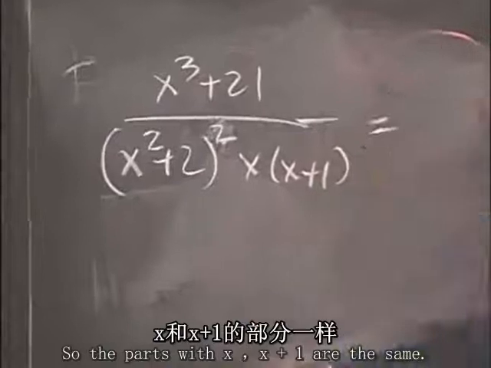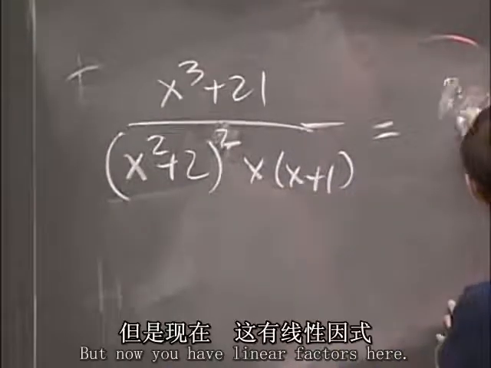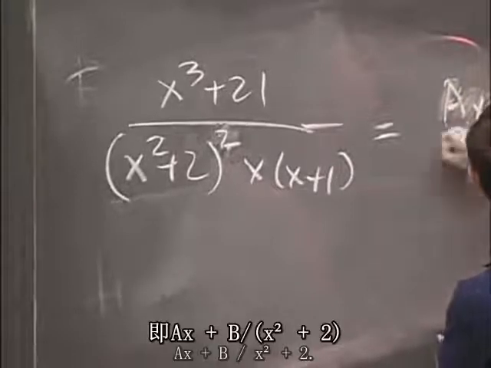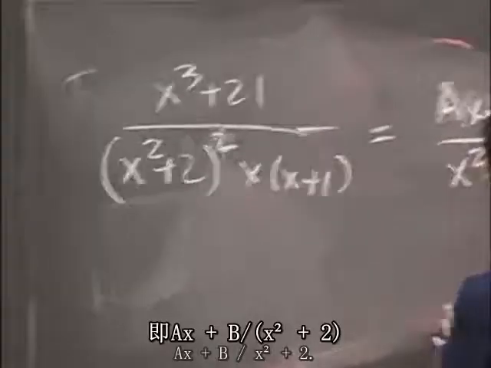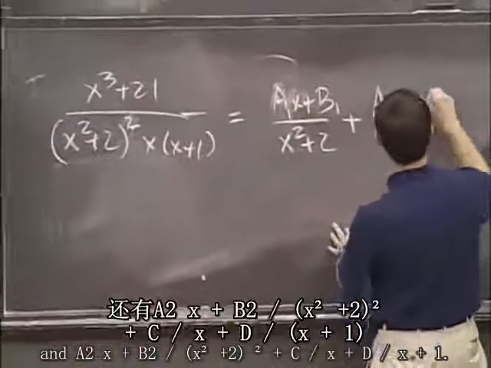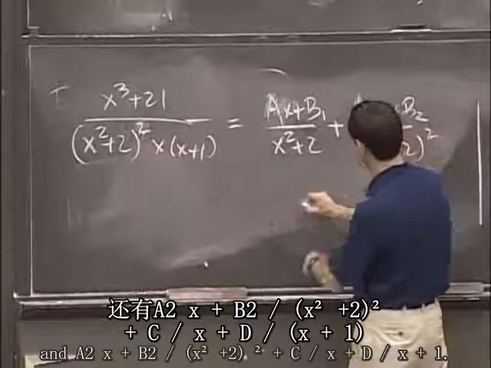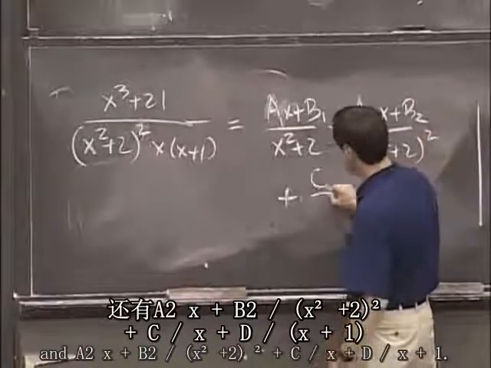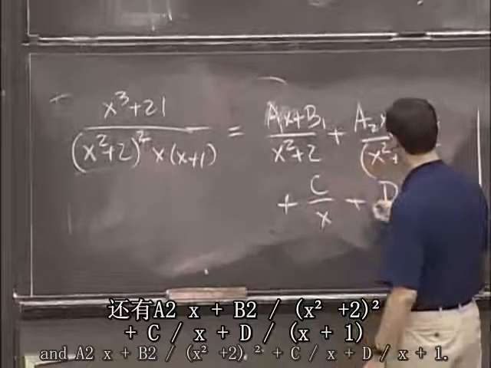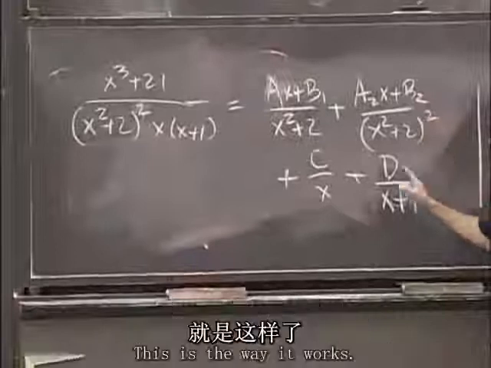So the parts with x and x plus 1 are the same, but now you have linear factors here. a1x plus b1 divided by x squared plus 2, and a2x plus b2 over x squared plus 2 squared, plus c over x plus d over x plus 1. All right? This is the way it works.